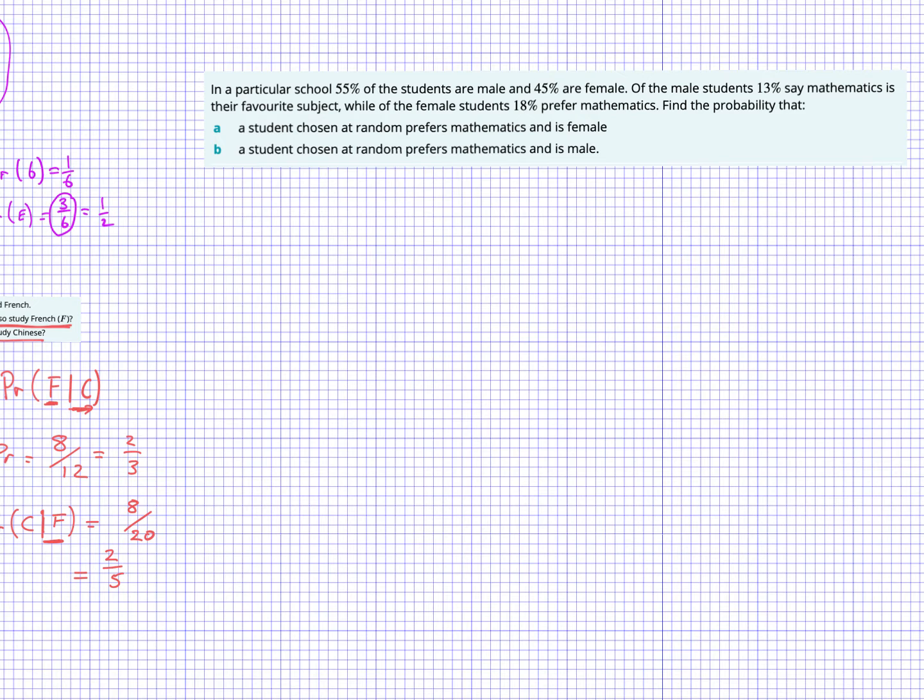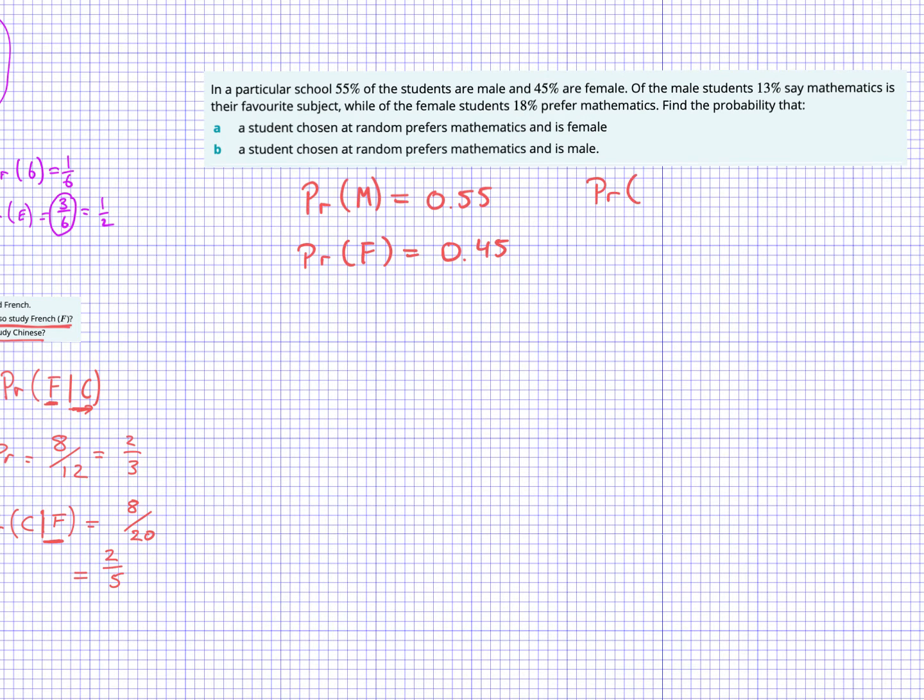All right, so first of all, let's spell out the information given to us. So we have P(male) is 0.55, P(female) is 0.45.